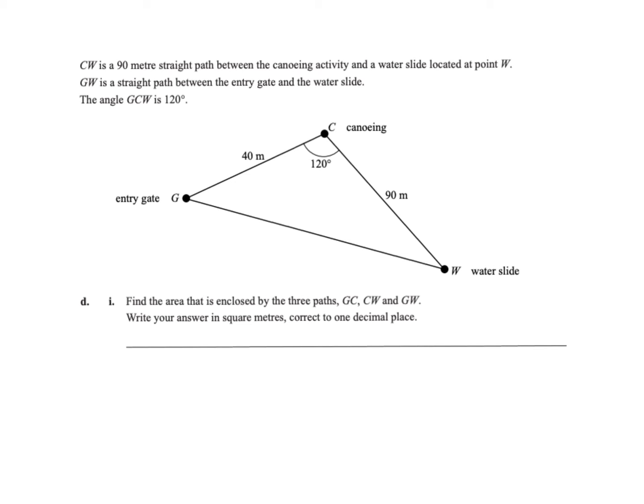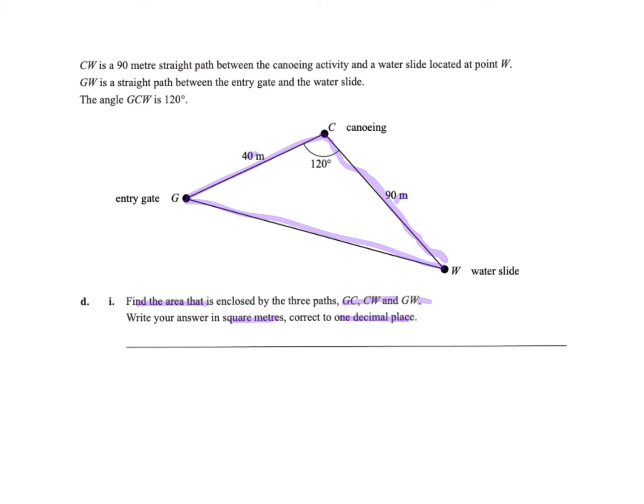All right, here's an exam question. You've got a triangle written up here, and it was the canoeing and water slide, but you can see down here it says find the area of the enclosed paths. They've told you to find the area of the triangle and write your answer in square meters, correct to 1 decimal place.